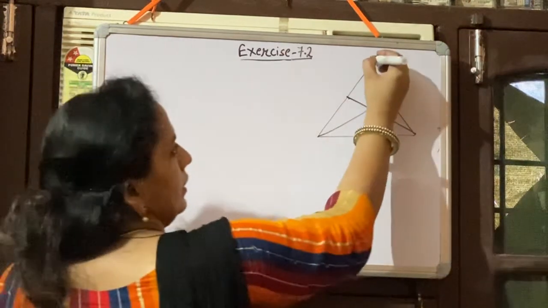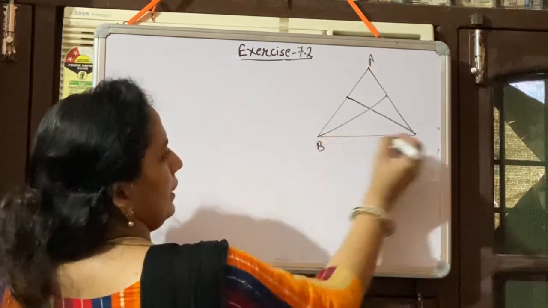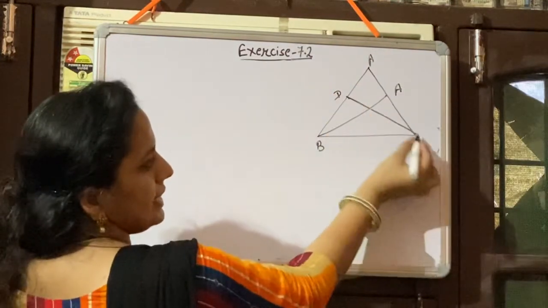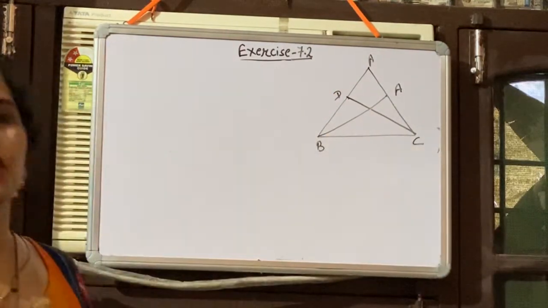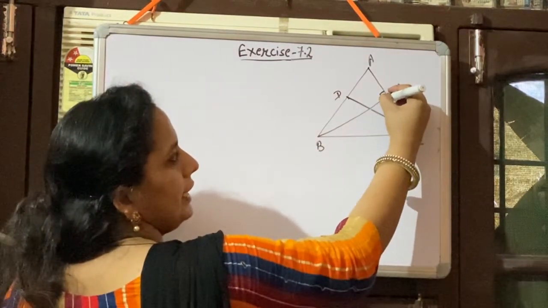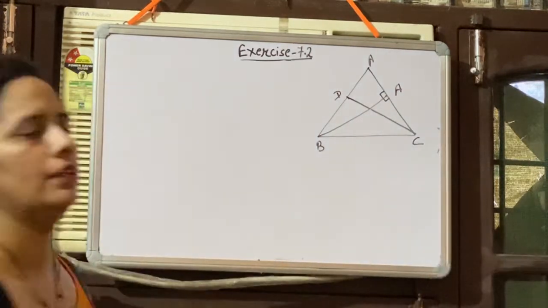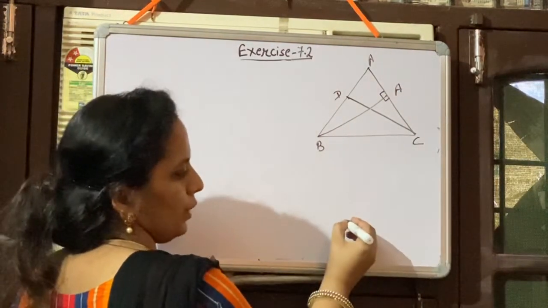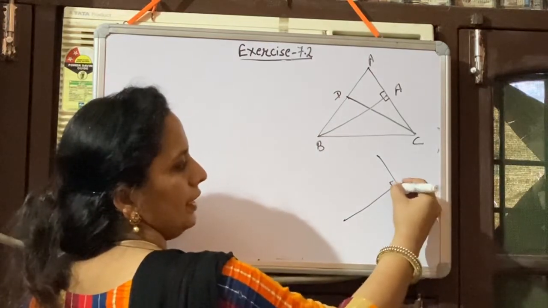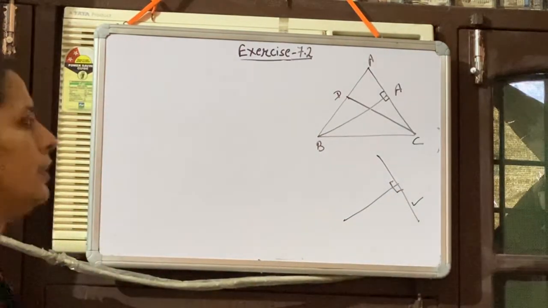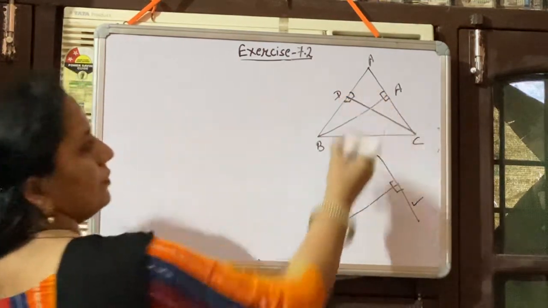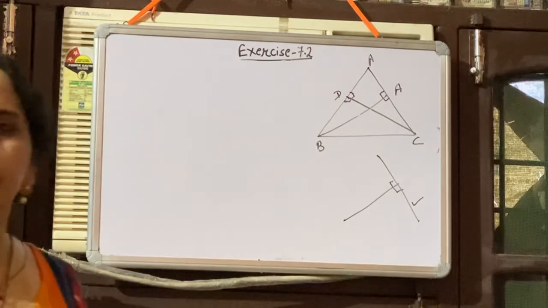Here in triangle ABC, BE and DC are altitudes. That means if BE is an altitude, then it makes a 90-degree angle with the base. From this point a line is drawn. That means this is the base and here a 90-degree angle is formed. DC is also an altitude. So here also we have a 90-degree angle.